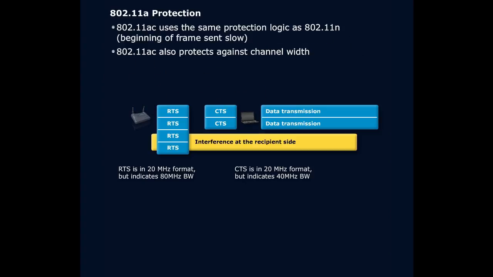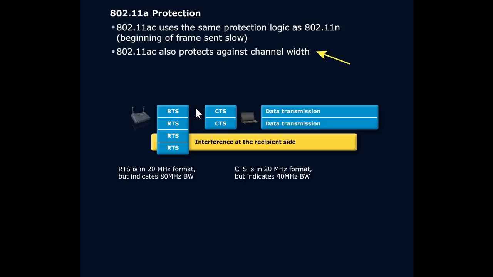The second thing that's going to be done in the 802.11ac configuration is channel width protection. So remember, one of the big differences between 802.11a and N and AC is the support for adjacent 5 gigahertz range, 20 megahertz wide channels.